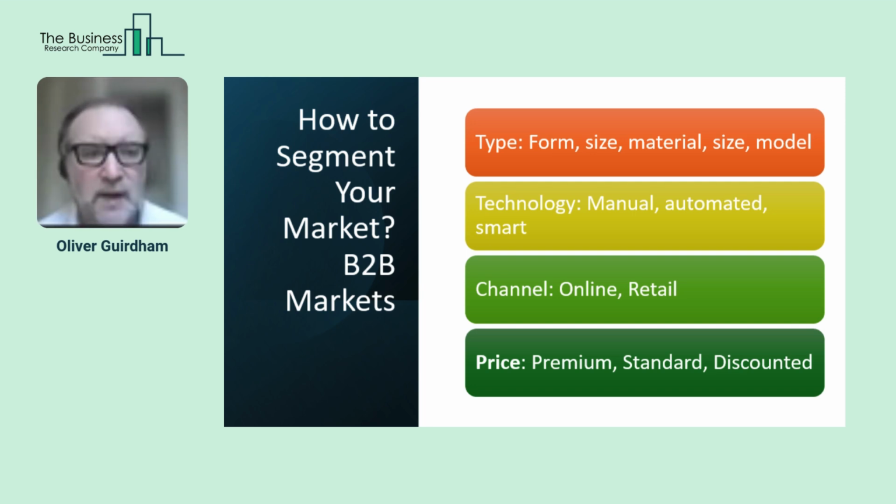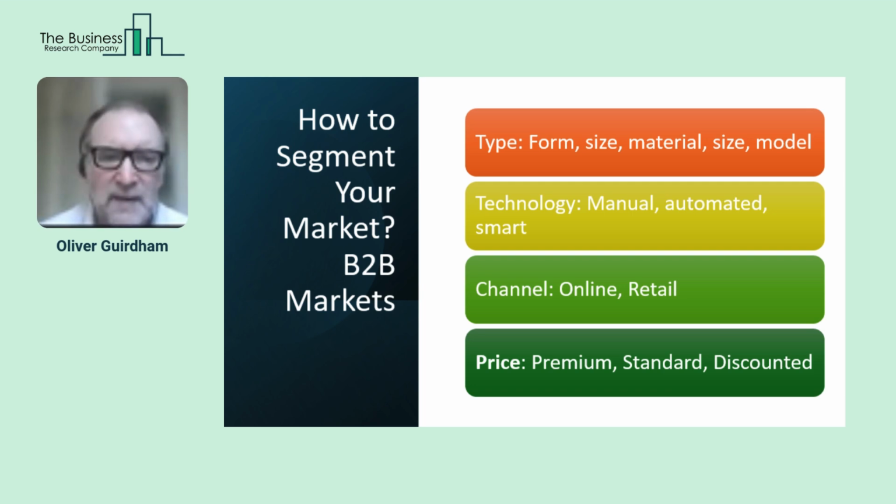So you could segment it by technology, by whether it's manual or automatic, whether it's electric or petrol or diesel or hydrogen potentially. You could do it by size: SUV, small vehicle, limousine. Then there's form, size, material, and model.